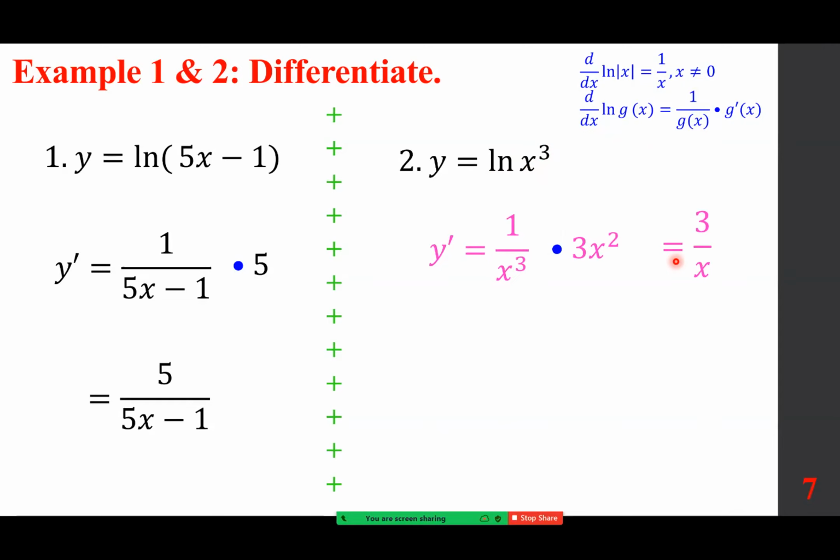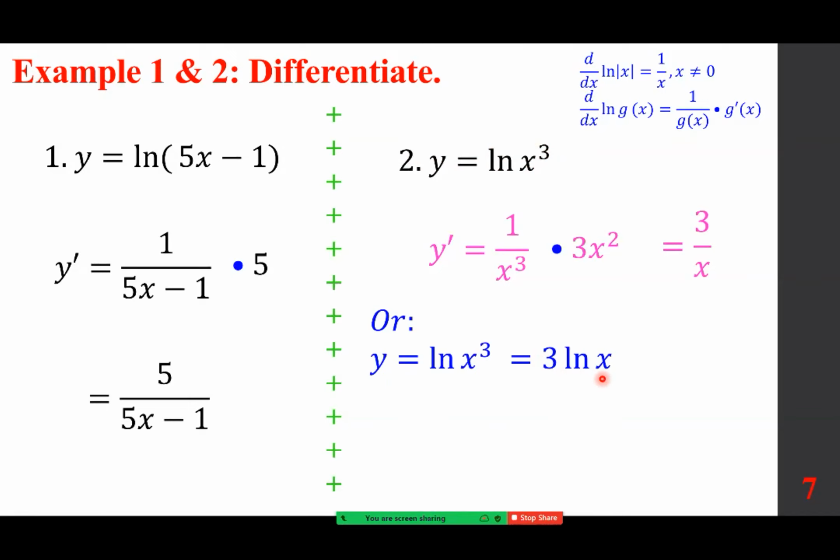Now, there is a second method, and that is to use your logarithmic properties to decompose that before you move on. For this example, it may not make much of a difference, but it does when it gets more complicated. So you look at the original given, and you use the power rule, you put the 3 in front.